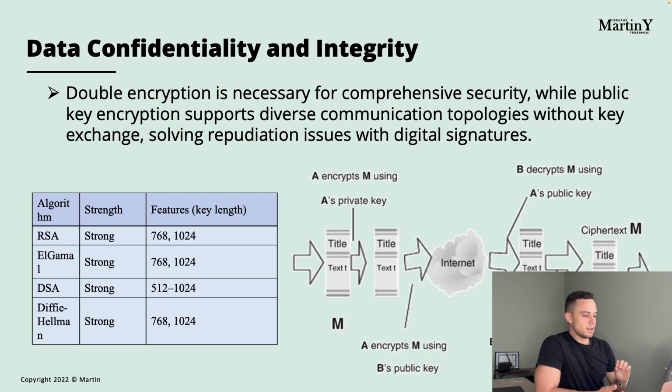That way it's like opening an envelope inside an envelope. And finally we get the message, and this way we're 100% sure that the message came from the right source and was delivered to the right address.